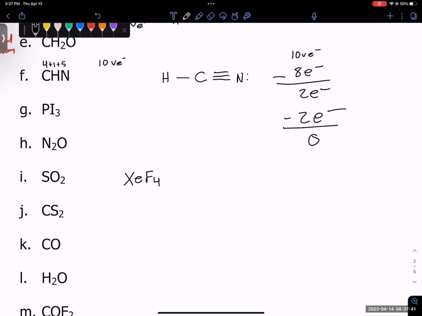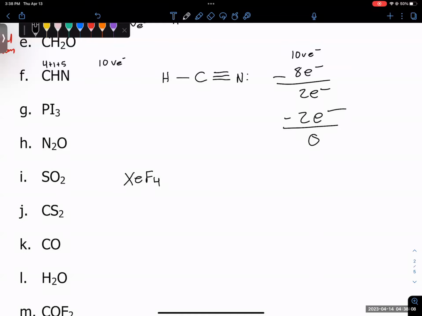All right, xenon tetrafluoride. A lot of you might be intimidated because you saw the xenon right here, but have no fear. It's the same set of rules as before. So according to my 4 rules, what's the first step? Yeah, you're gonna find the electrons and add them all.